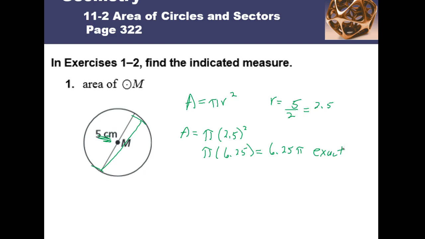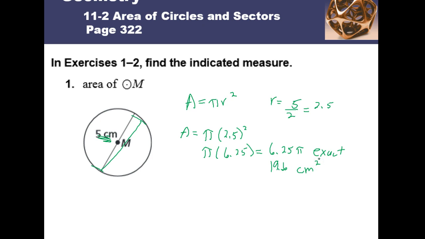And we're going to plug into the calculator to check. 2.5 squared, 6.25. Okay, now the approximation, I'm just going to do 6.25 times the pi button on my calculator. And I get 19.6. And this is centimeters, so it would be 19.6 centimeters squared.